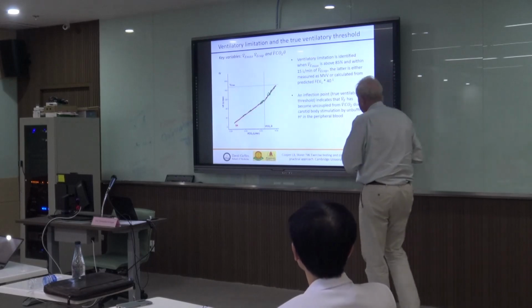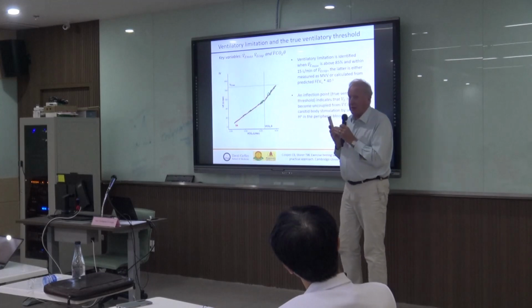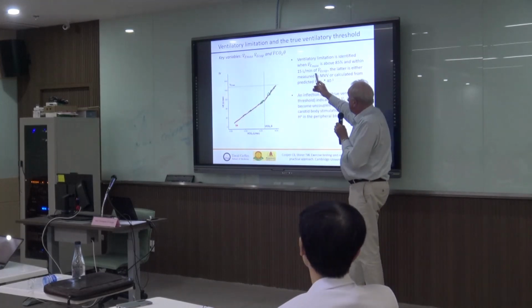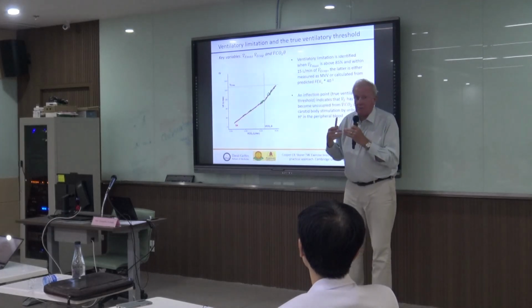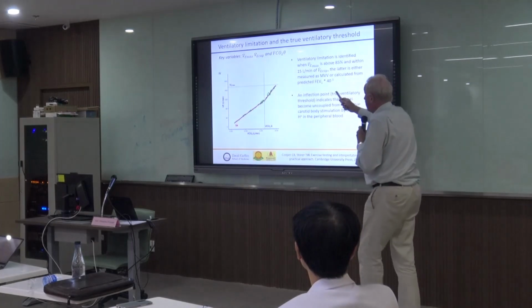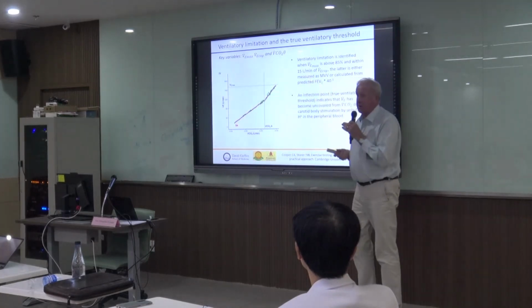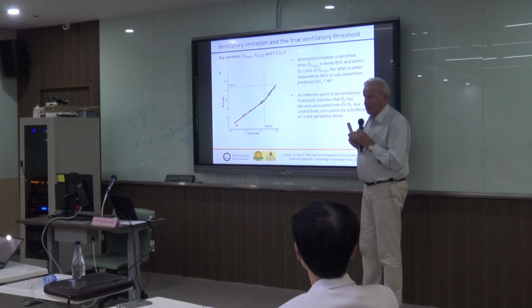Well, for example, if your subject had a ventilatory capacity of 40 litres per minute, 25 litres per minute would be reaching that single criterion for ventilatory limitation, and yet I think it's only just half of the patient's ventilatory capacity.